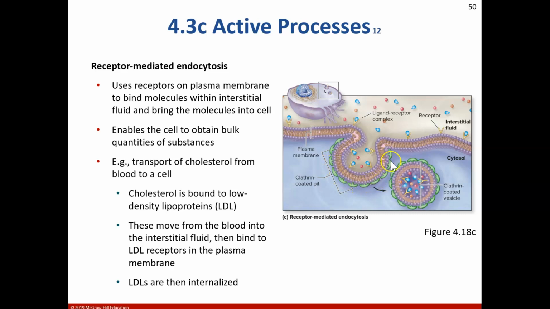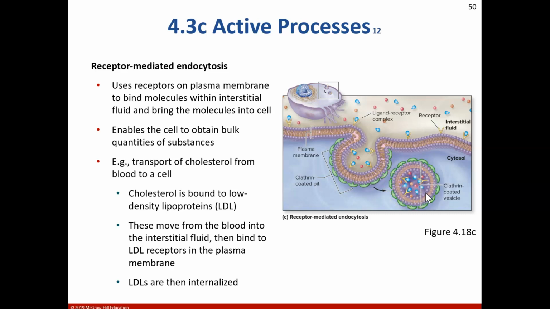And the clathrin, if I can pronounce it right, coated regions of the plasma membrane here are the ones that are housing this ligand receptor complex. So it starts to fold inward, and we call this a clathrin coated pit. And it starts to deepen and pinches off, and eventually we get this clathrin-coated vesicle.